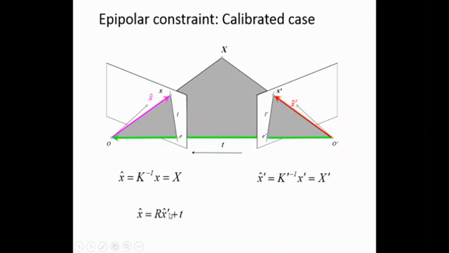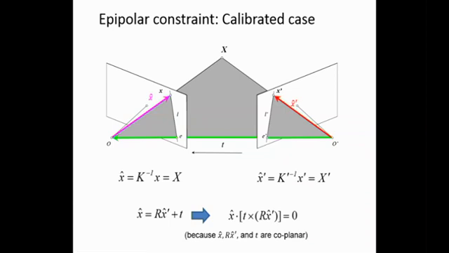x hat equals R x hat prime plus T. And based on simple geometry, we can get that x hat dot T cross R x hat prime is equal to 0. To see that, note that R x hat prime is going to be on the same plane as this triangle, and T is on the same plane as this triangle, so that means that T cross R x hat prime is perpendicular to the plane.